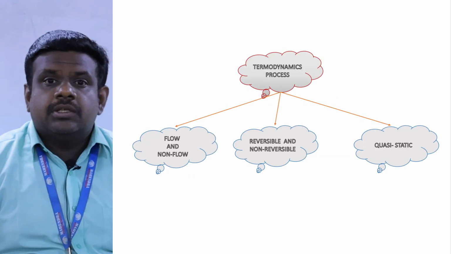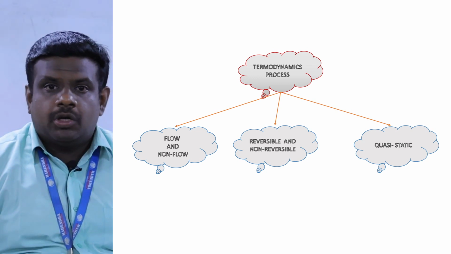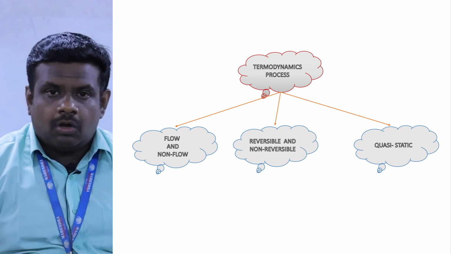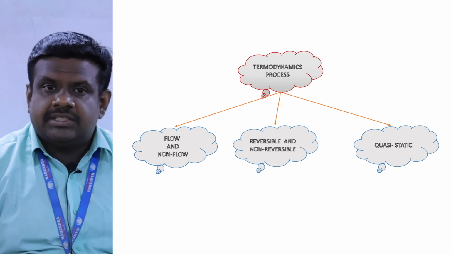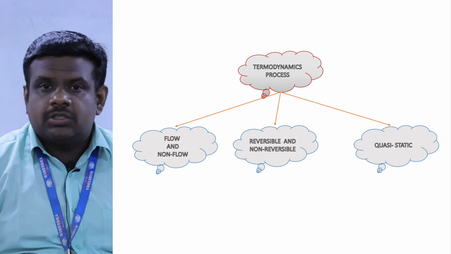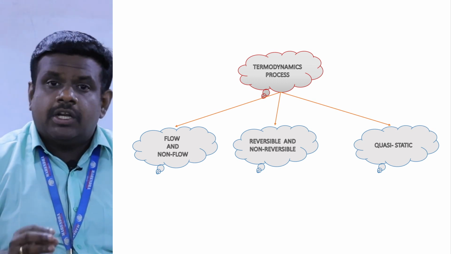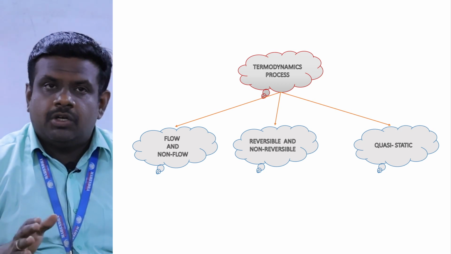Apart from this, there is the thermodynamic process. Mostly there are five important processes: flow and non-flow, reversible and irreversible, and finally the quasi-static process. Flow process is a process where the working fluid enters the system and leaves to the atmosphere after doing work.